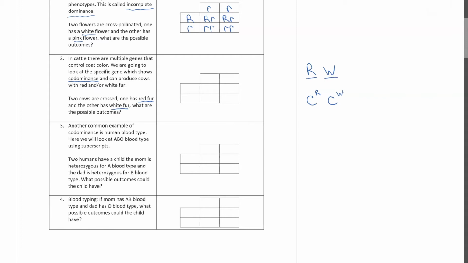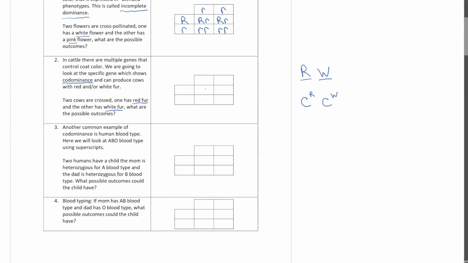I like to stick with the simpler version, mainly because you're not writing real small, and it's easier to make mistakes when you write real small and try to read your writing later. So we're going to cross a red and a white furred cow.